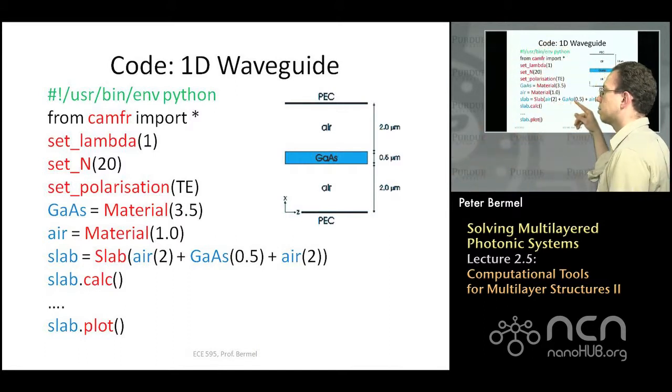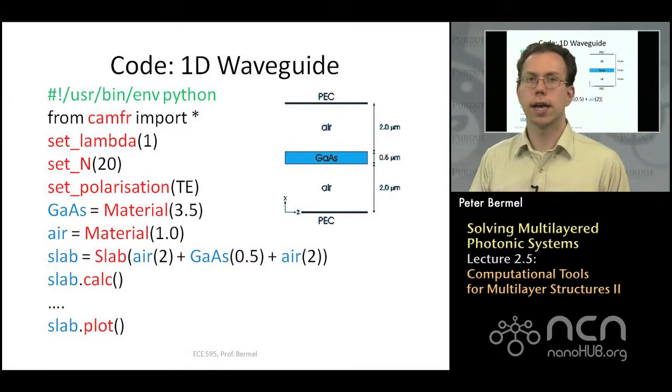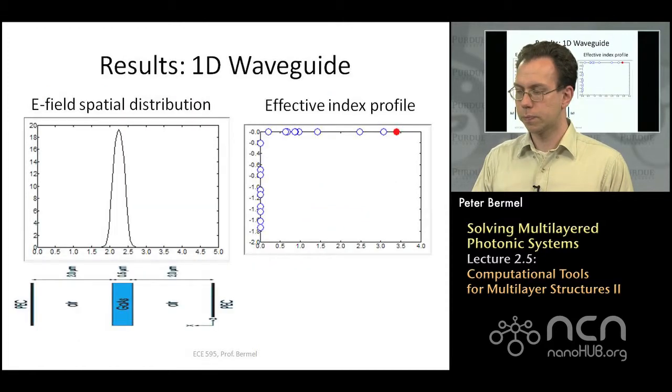This slab command will stack 2 units of air. If we take the unit length to be 1 micron, then this would be 2 microns, then half a micron of gallium arsenide, and then another 2 microns of air. And then you use slab calc and slab plot to both calculate and then plot your results.